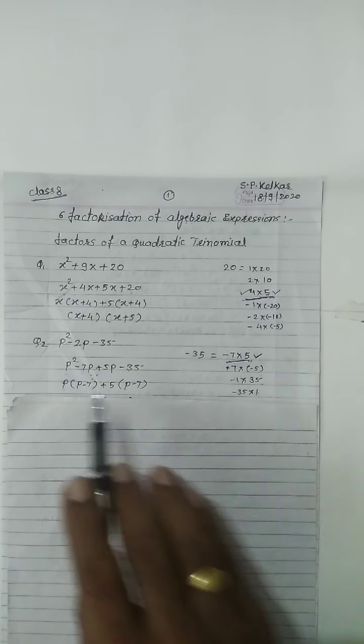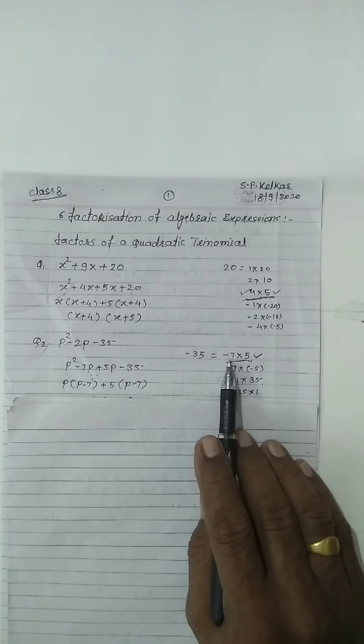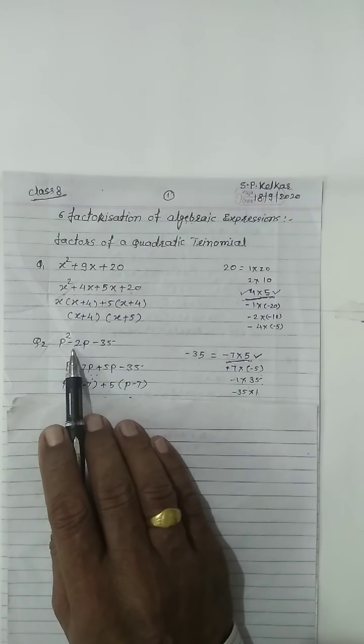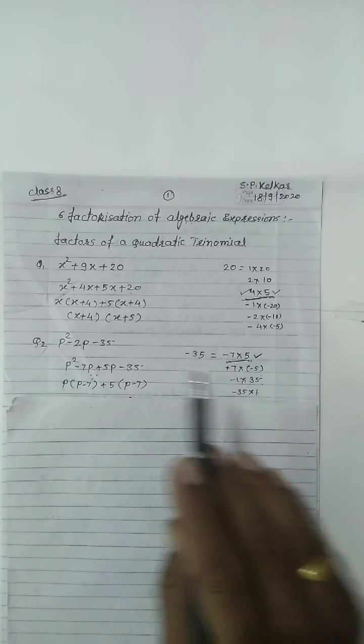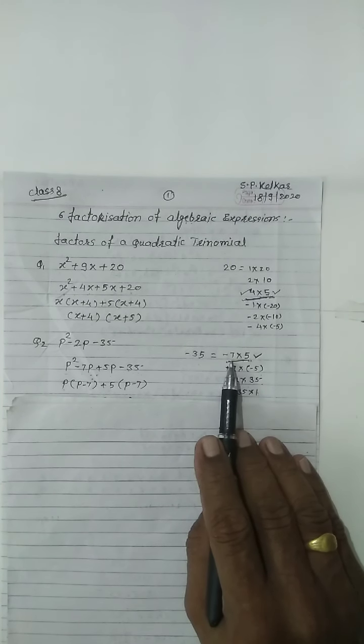So the middle term indicates that the minus sign goes to the greater factor. If the middle term coefficient is negative, then take the minus sign for the bigger factor.